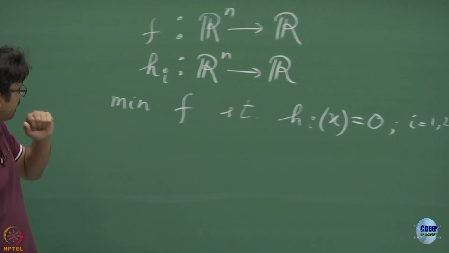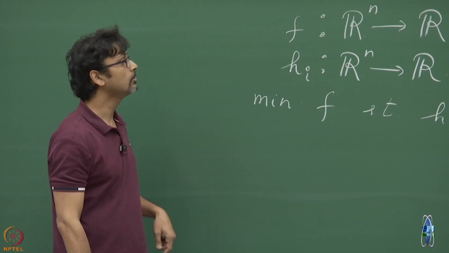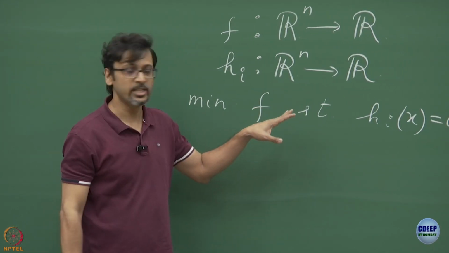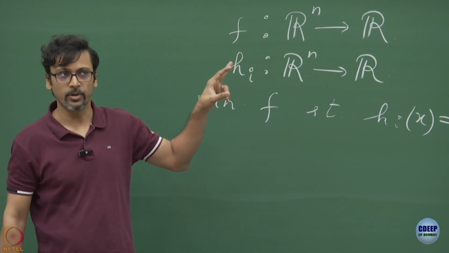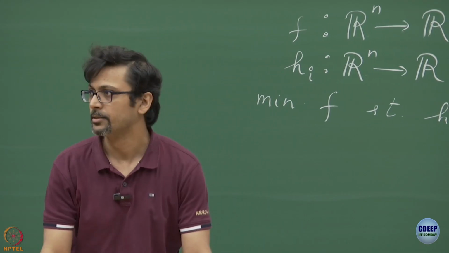So there were m equality constraints like so. Subject to those equality constraints being met, you have to minimize this function f and find the point x star at which this minima is attained.